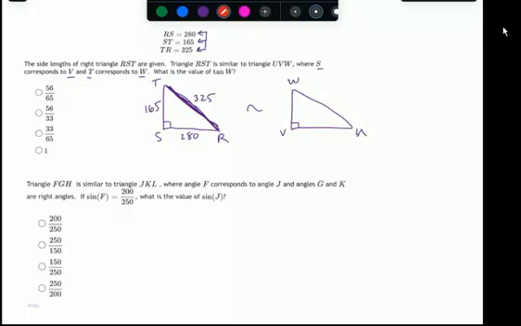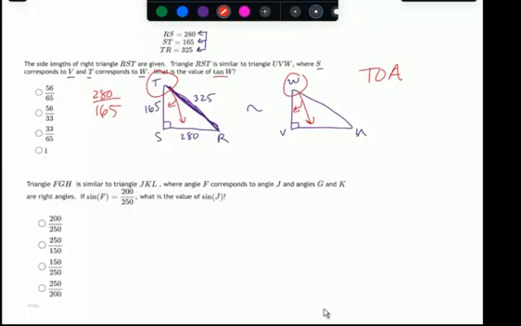And so if you want to find what's the tangent of W, well, the tangent is TOA, opposite over adjacent, and because in similar triangles corresponding angles are equal, the tangent of W is going to correspond to the tangent of which angle in the other triangle? T. So the tangent is opposite over adjacent, so our answer is going to be 280 over 165.